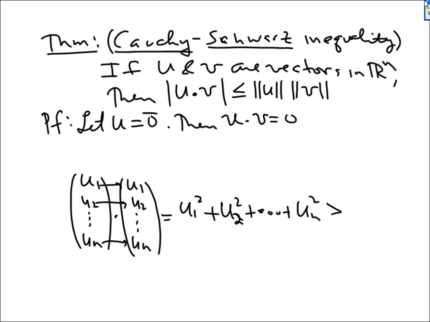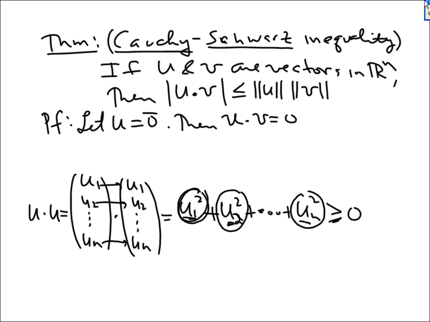Now this is greater than or equal to 0. When you dot a vector with itself, it's never going to be negative. In fact, the instant U1 or U2 or any of them are non-zero, when you square them, they'll be positive.